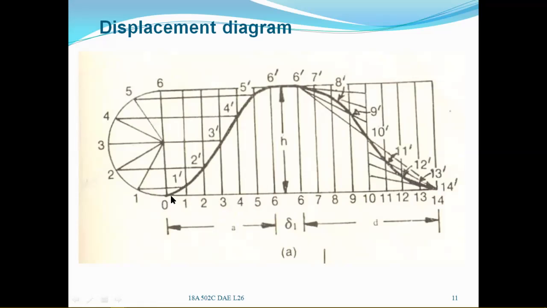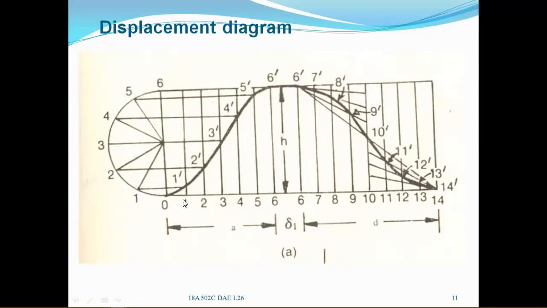And here, in order to complete this profile for the outstroke, draw a semicircle with the diameter equal to the stroke length, and divide this semicircle into the same number of divisions as in the outstroke, that means 6 divisions, 1, 2, 3, 4, 5 and so on.